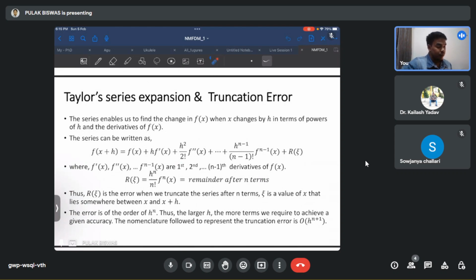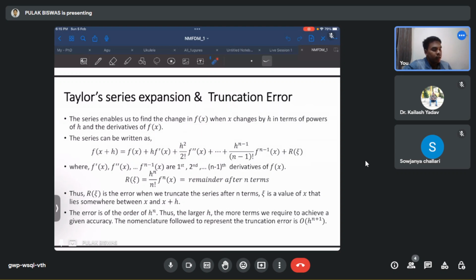And for other methods it is important to know what the Taylor series and Taylor's theorem are. The Taylor series is a mathematical tool that helps us find any variation in the function value. Suppose some function f(x) is there.